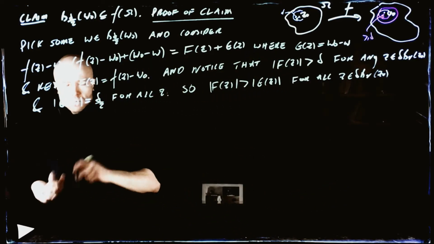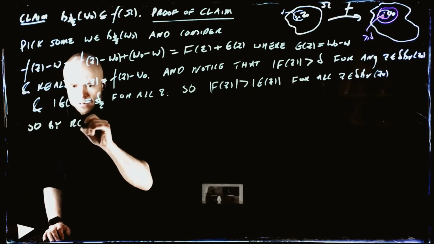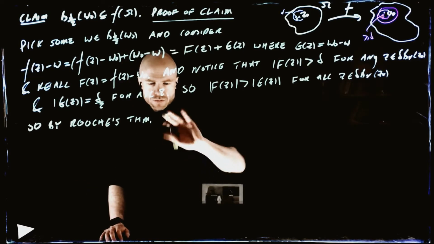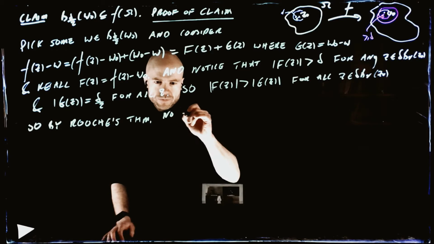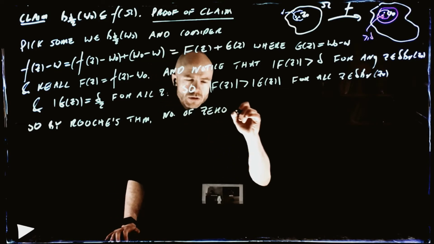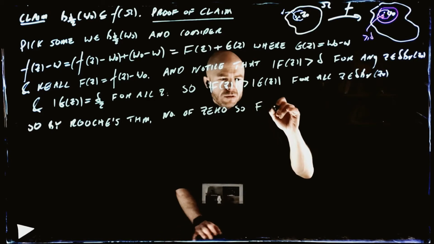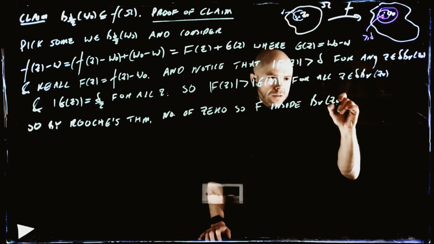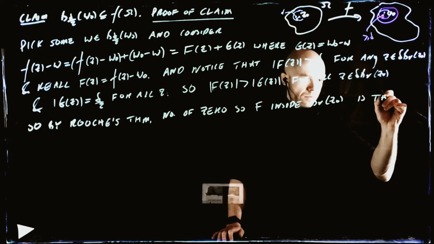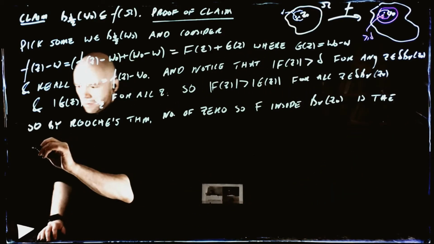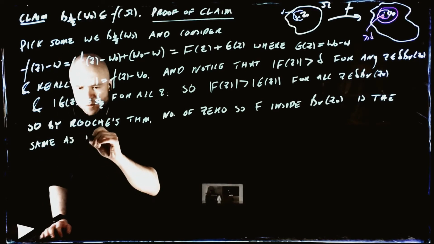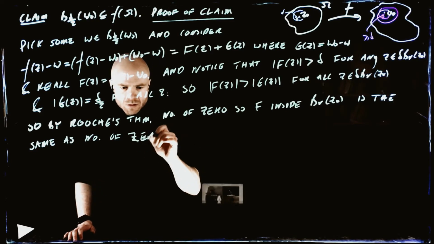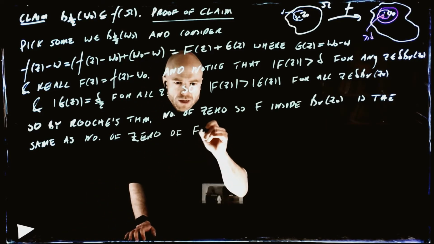So, by Rouché, the number of zeros of capital F inside the ball of radius r around Z0 is the same as the number of zeros of capital F plus G, right?